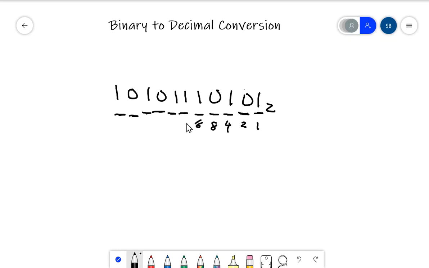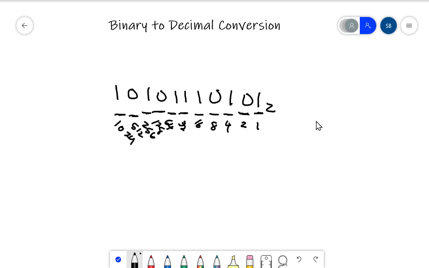I might start to write them sideways so I don't get them running into each other: 32, 64, 128, 256, 512, and 1024. Those are the powers of 2. So 1, 2, 4, 8, 16, 32, 64, 128, 256, 512. Okay, just checking to make sure I got those right.